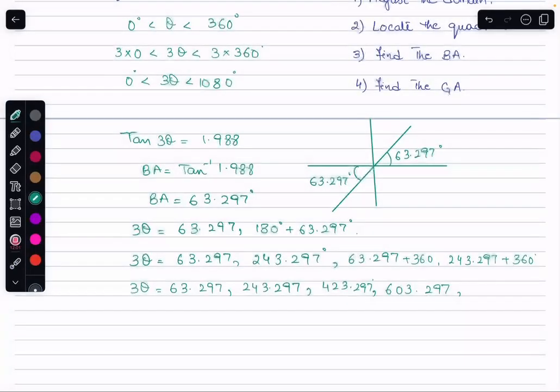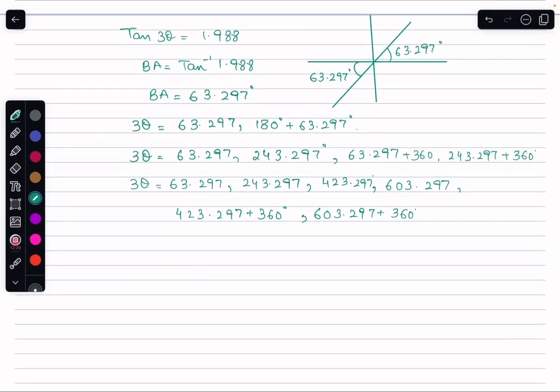So here, if I start working on it, it's 423.297 plus 360 degrees and 603.297 plus 360 degrees.